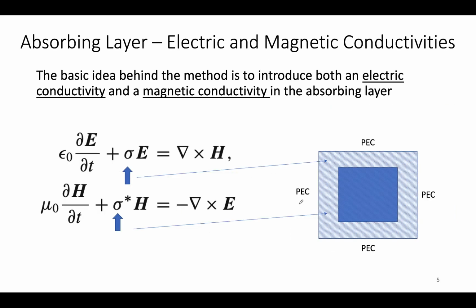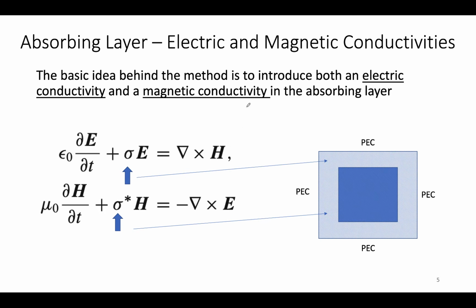So let's look at the math and the basic idea of the PML. In particular, we're going to look at the mechanism that enables us to avoid reflection at the boundary, to mimic this infinite space, the so-called open region.